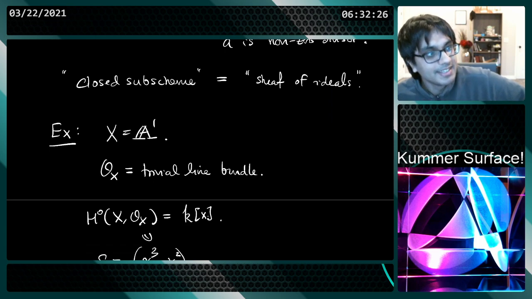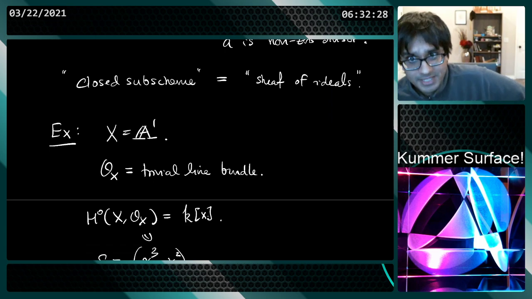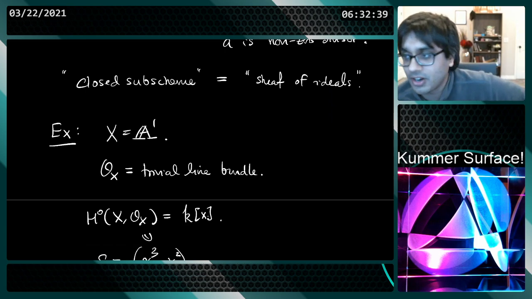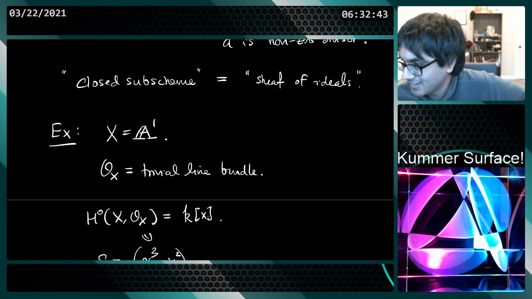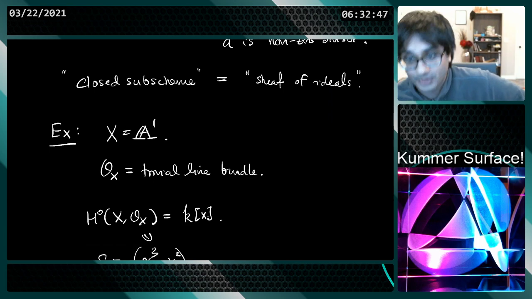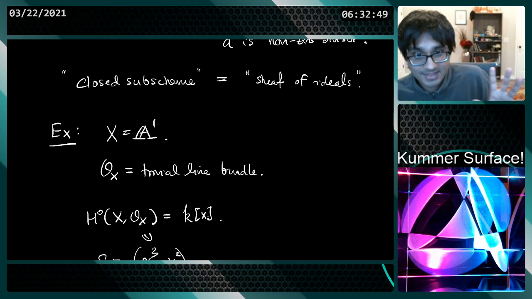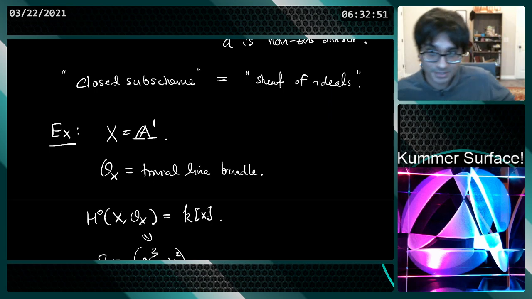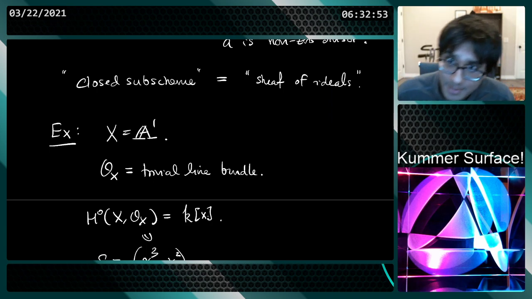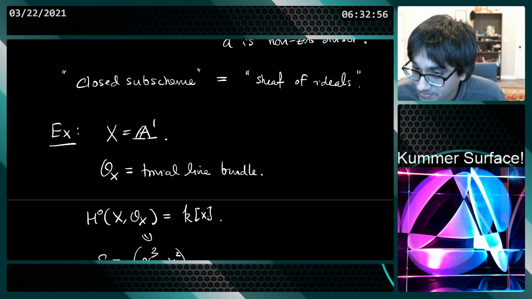So a subscheme which is codimension 1 and locally defined by a single equation, or a subscheme whose sheaf of ideals is rank 1 locally free, is called a Cartier divisor. It's an especially nice kind of divisor, where the defining equation locally is just one non-zero divisor in the coordinate rings.